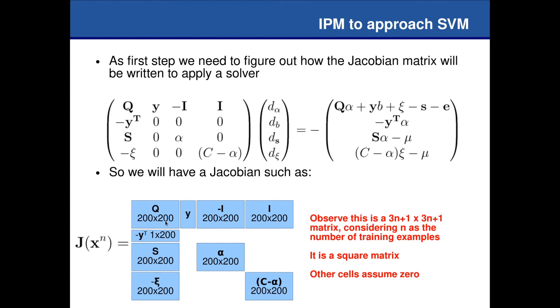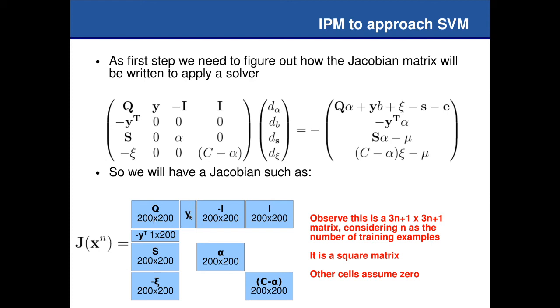I have 200 labels, and y multiplied by transpose of y will provide a matrix 200 by 200, which is element-wise multiplied by x transposed. That means x transposed is going to be 200 by 200 too. So when I multiply element by element, I will have Q as 200 by 200.